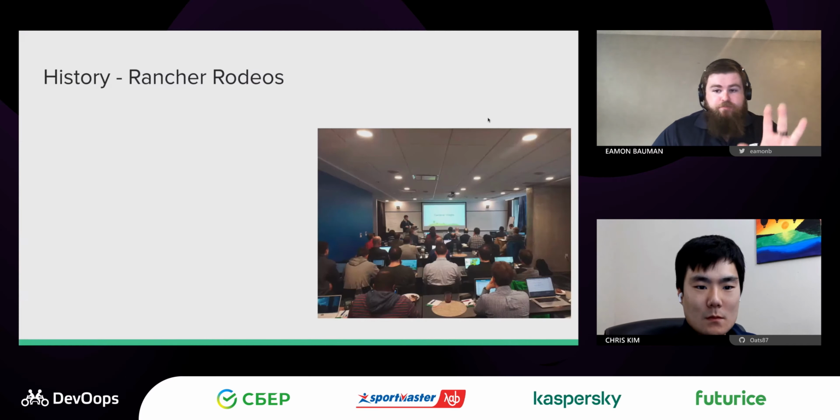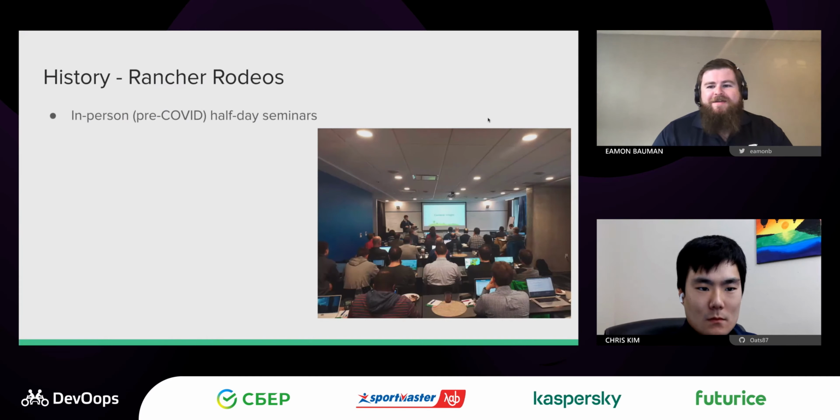So let's talk history. Rancher is a Kubernetes software company, and part of our Kubernetes software marketing was to do what we called Rancher Rodeos. Rancher Rodeos were in-person, pre-coronavirus, half-day seminars.